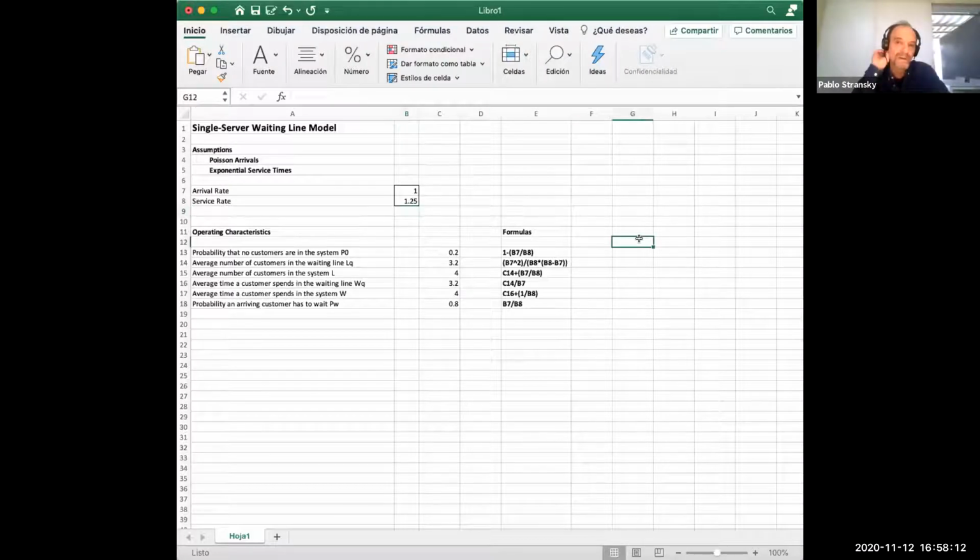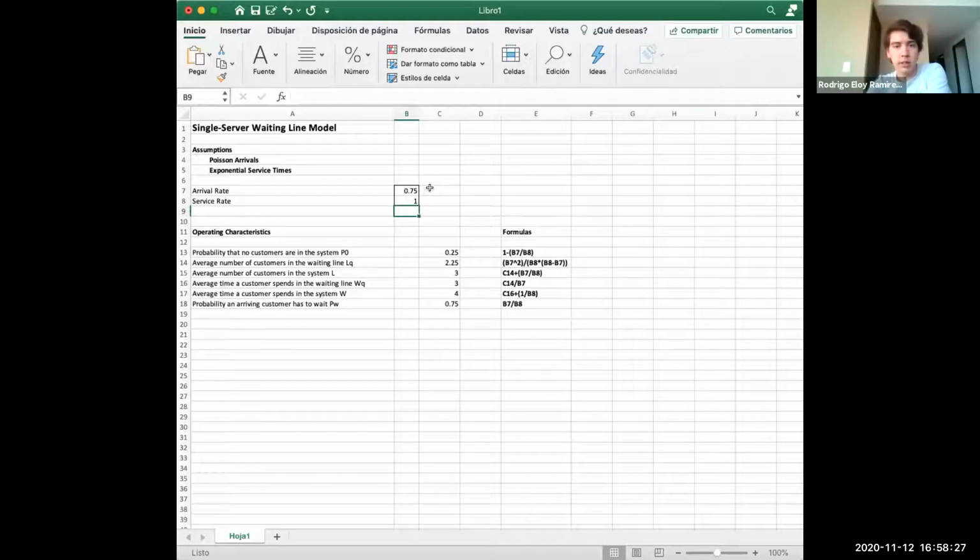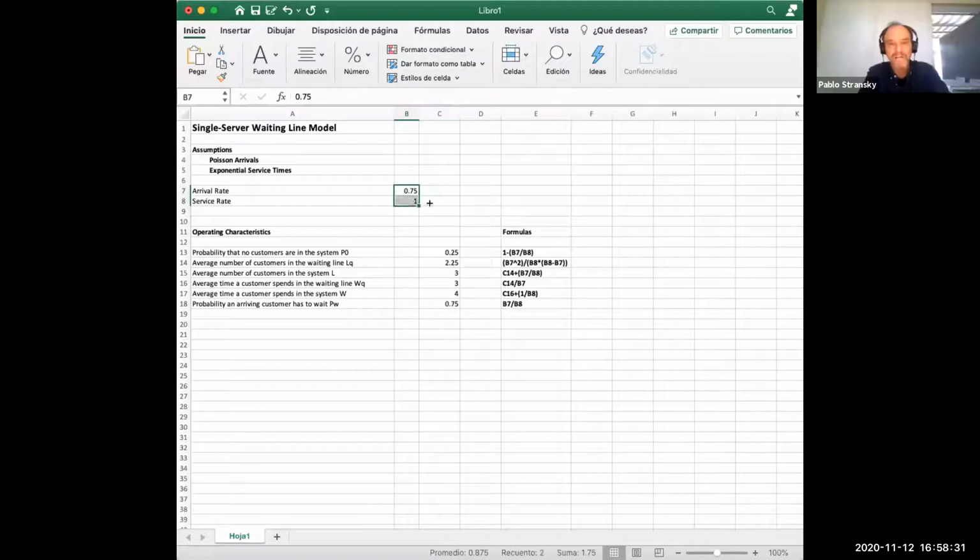Now, the one that is here is the one that Rodrigo just did. Rodrigo, change the 1 and the 1.25. Put that on the same column where you have the formulas, okay? Just cut them and change it. You want me to paste them here? Yes, move them.